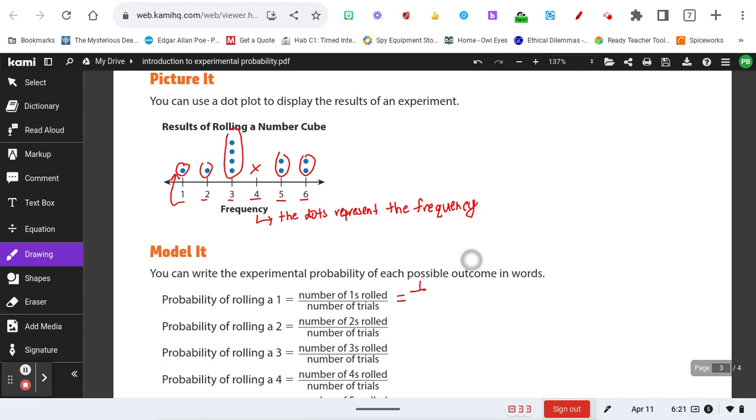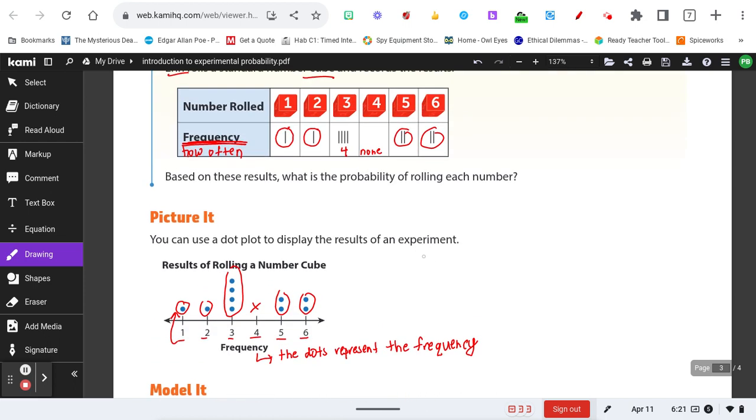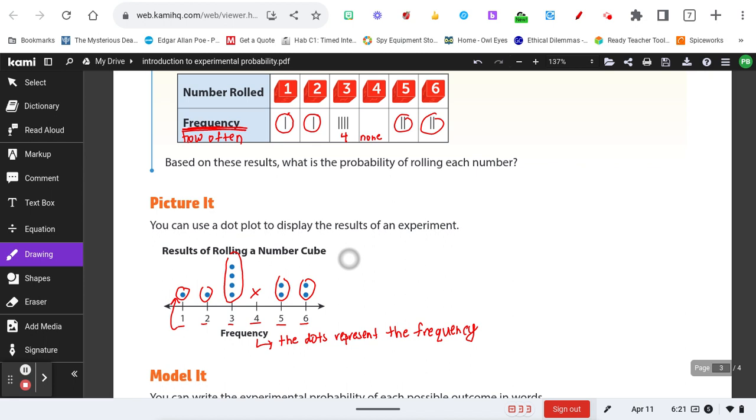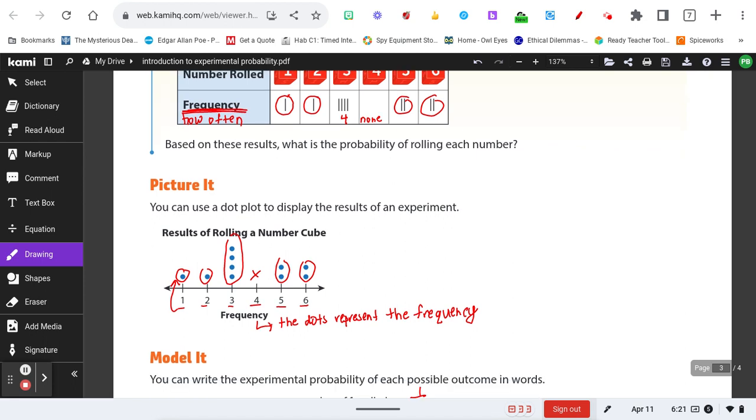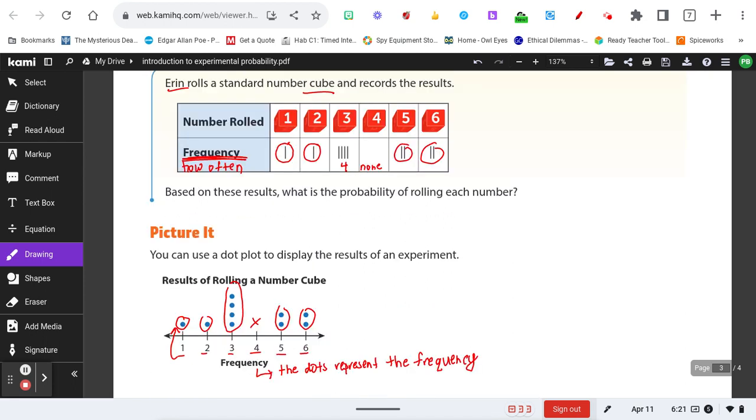We don't know that right now, so we have to go back up here and add. How many times did we roll the 1? Once. The 2? Once. The 3, four. The 4, none. And this is all frequency, guys. If you tally up your frequency, it gives you the total number of trials.